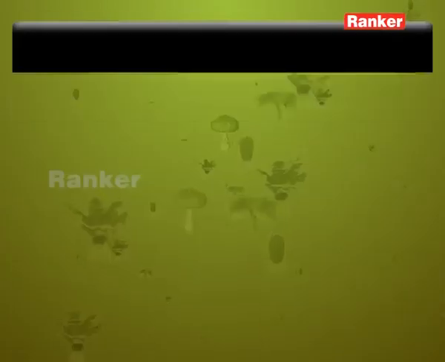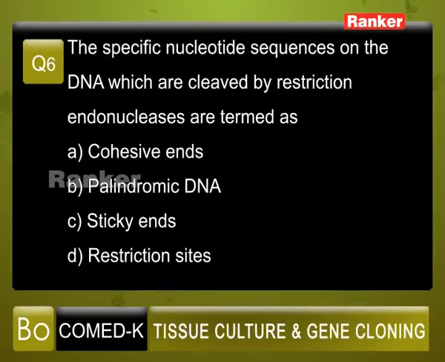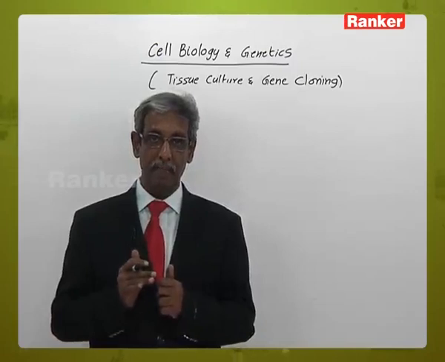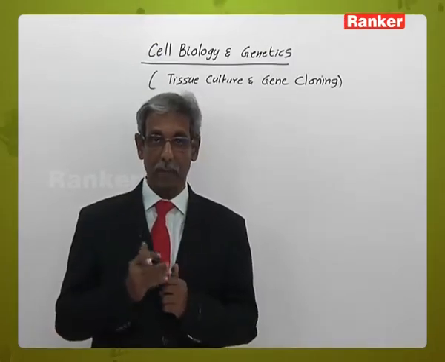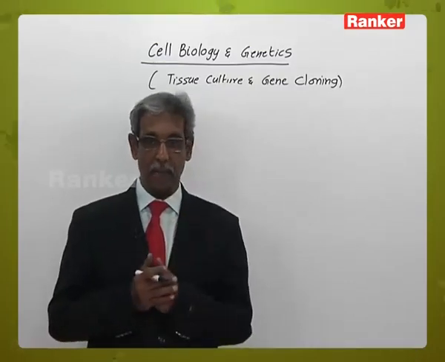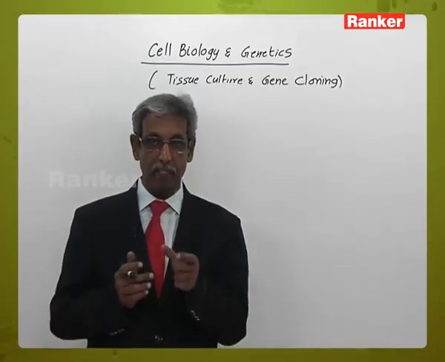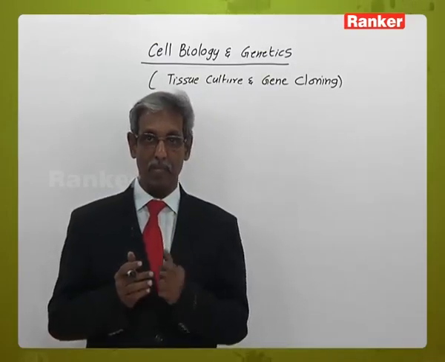Question number 6. The specific nucleotide sequences on the DNA which are cleaved by restriction enzymes are termed as A. cohesive ends, B. palindromic DNA, C. sticky ends, D. restriction sites. Supposing we have a DNA and the DNA is made up of nucleotide sequences. Among the nucleotide sequences, if there are specific nucleotide sequences, these specific nucleotide sequences are recognized by restriction enzymes.